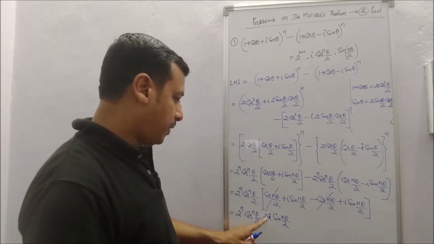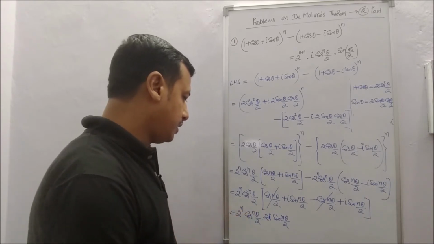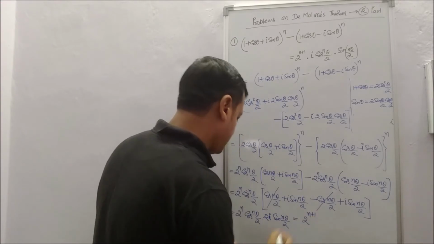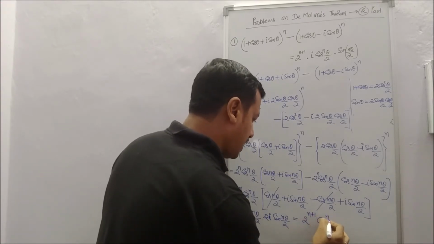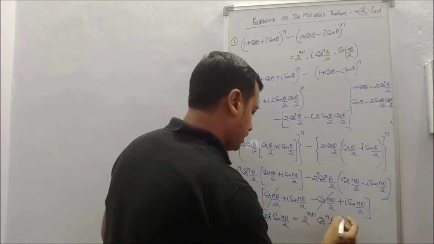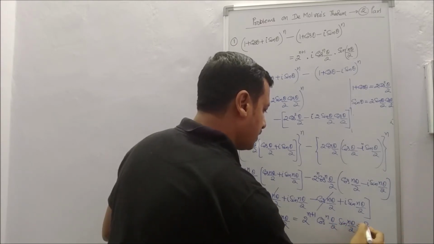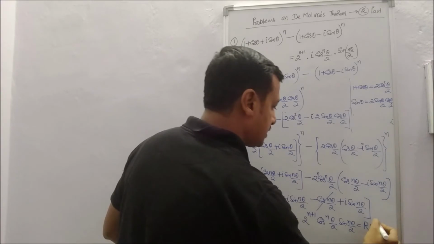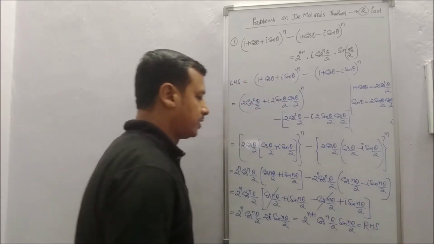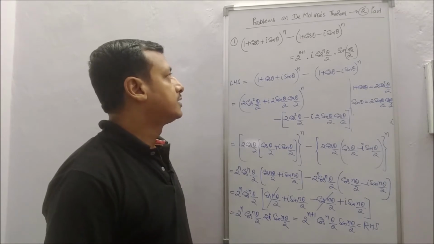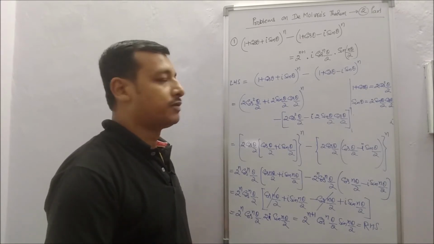Here 2 to the power 1, here 2 to the power n, so it is 2^(n+1) i cos^n(θ/2) sin(nθ/2), which is equal to the RHS, which we had to prove. So this is the first problem of De Moivre's theorem.